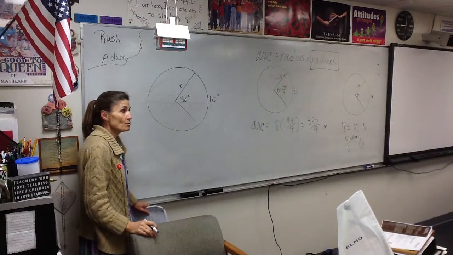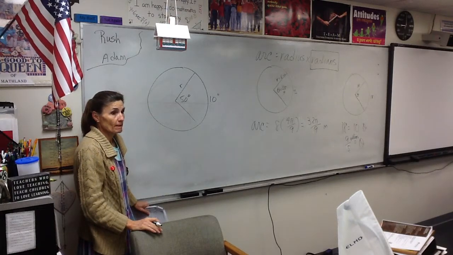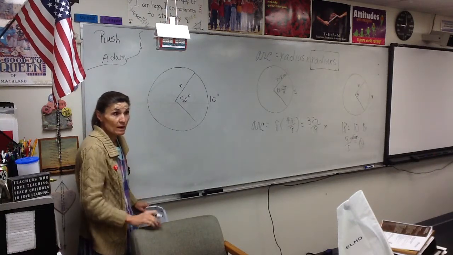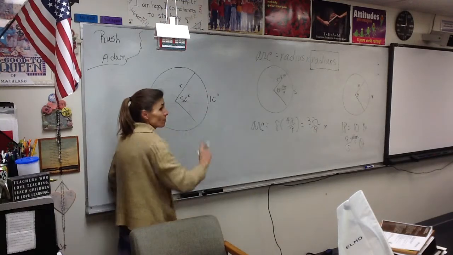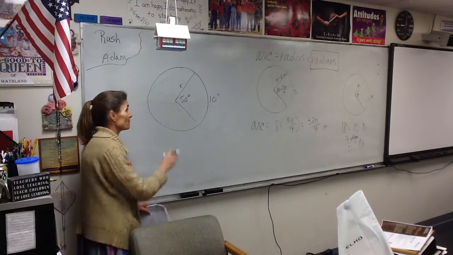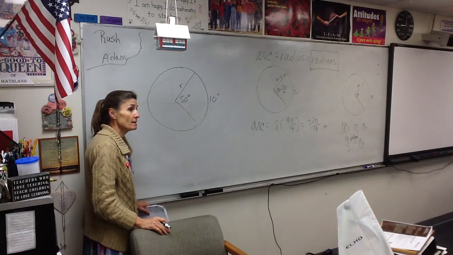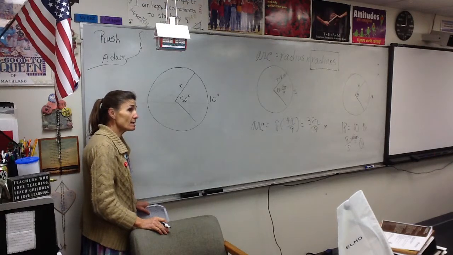Now, what do you have to be careful about here? You need to switch the degrees to radians. If you're going to use that formula, and that is such an easy formula, I would recommend it, then your angle has got to be in radians. Right, Harry? Yep.